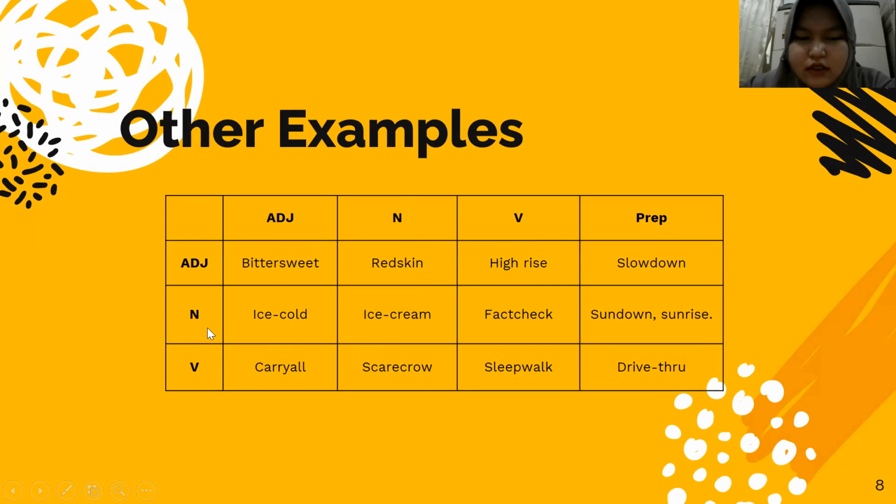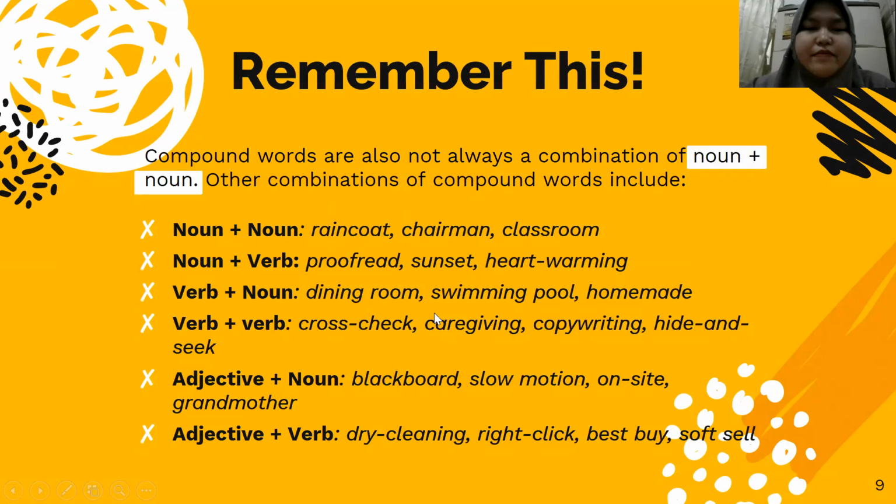Ice is a noun, but cold is an adjective. But when they are together, it becomes a compound word because it has one meaning, ice-cold, meaning es batu. So here, this is some kind of hyphenated form. Do you remember before? We need a dash in here. Okay, this is just for example.